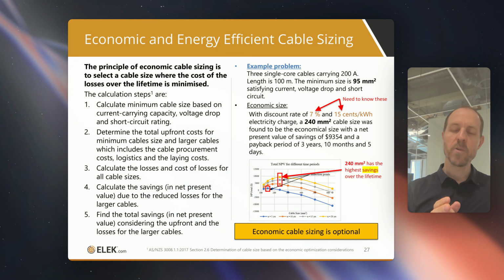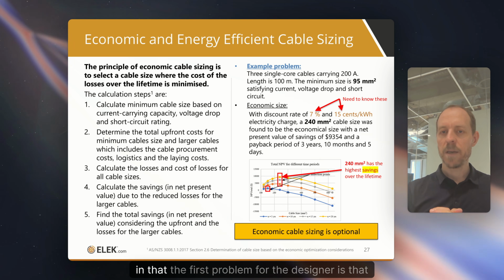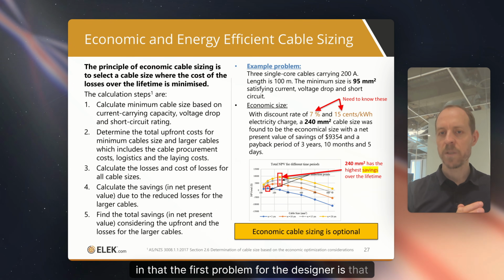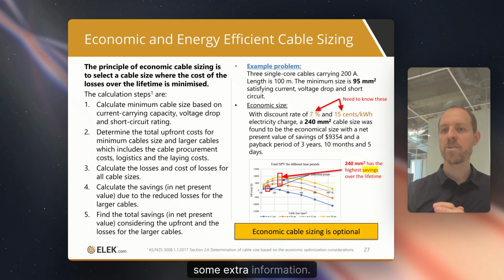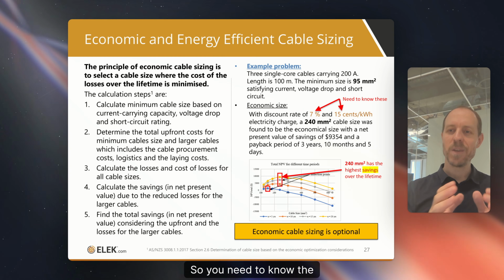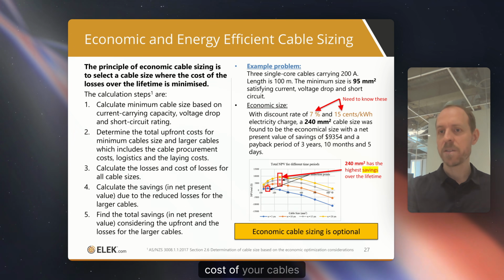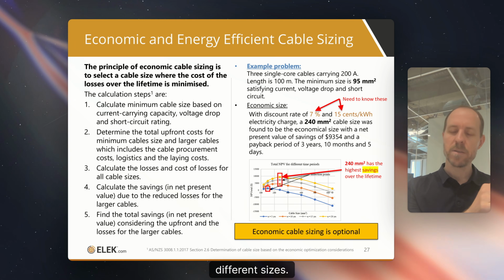But there are a couple of problems with this method. The first problem for the designer is that you need to know or assume some extra information. So you need to know the cost of your cables for different sizes.